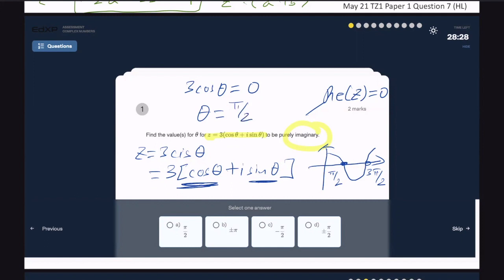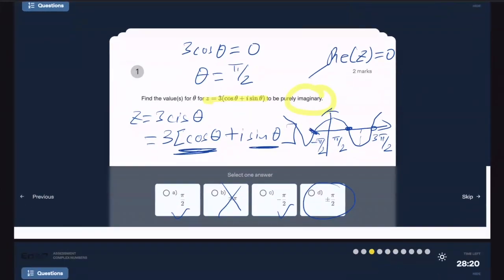So the answer is A. But if we were to actually extend it in the negative region, negative pi over 2 is also 0. Pi will not be an answer. Pi has a value of negative 1. So we have pi over 2, negative pi over 2, both. So the answer is D.